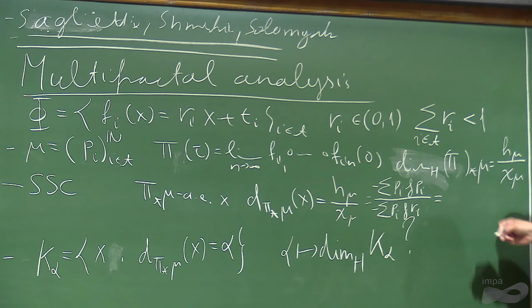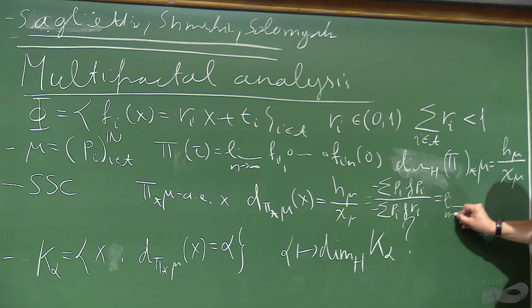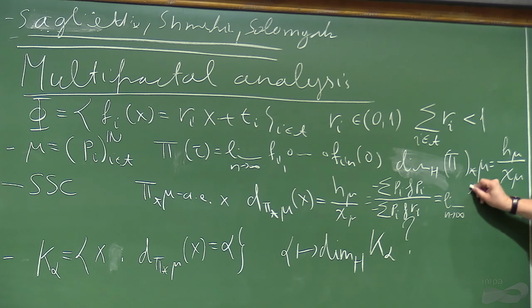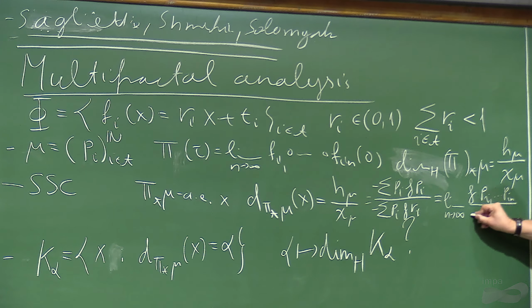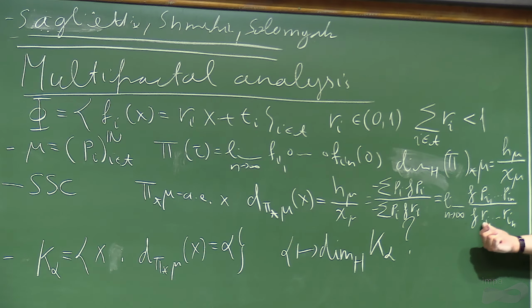And how do we get this? We take the limit as n goes to infinity of the logarithm of the products of the probabilities of some certain cylinder set divided by the logarithm of the diameter of that cylinder set on the symbolic space, right? Because now my metric on the symbolic space is associated with these contracting ratios. This is, by definition, the local dimension on the symbolic space.